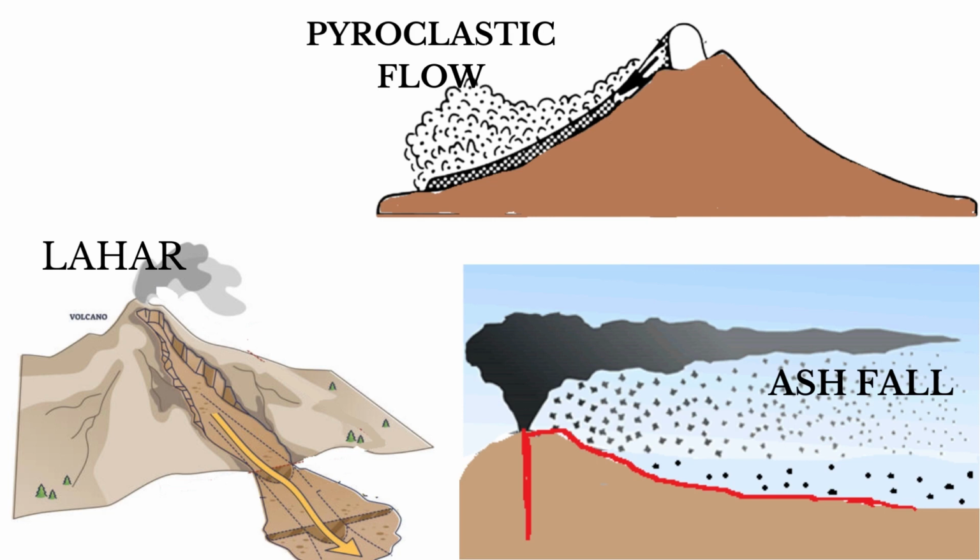Ashfall is the falling of ash which has been ejected very high and very far in the atmosphere. Lahar or mud flow is a hot or cold mixture of water and volcanic fragments which form a moving fluid mass which flows down the slope of a volcano.